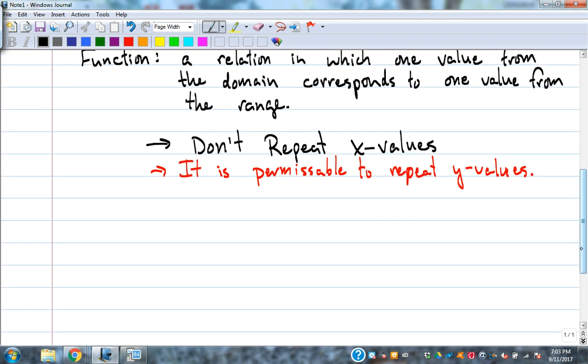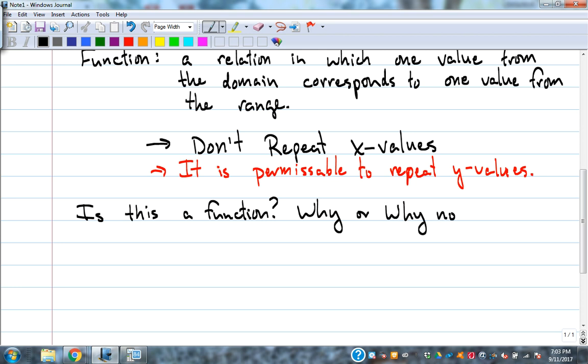Okay, all right, so let's look at some examples and we'll play the game. Is this a function? Why or why not? Of course, you have to have an explanation. A simple yes or no would not do. We need to know why or why not.